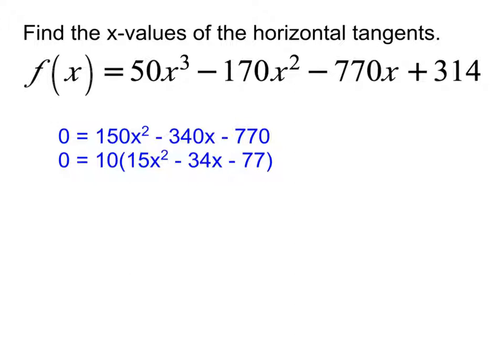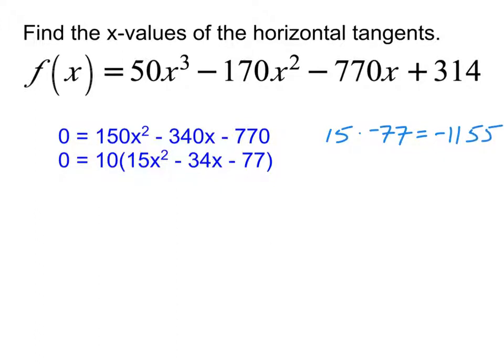And what that work looks like is going to depend on what method you used. Now, some of you learned like that airplane method, stuff like that. I use the grouping method. And so I start by doing 15 times the negative 77, that is a times c, and we get a negative 1155.